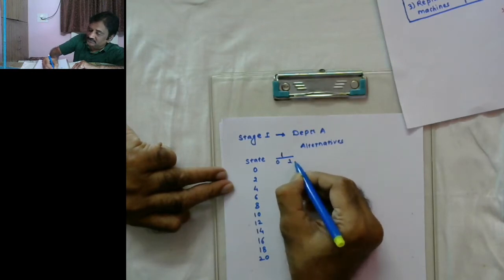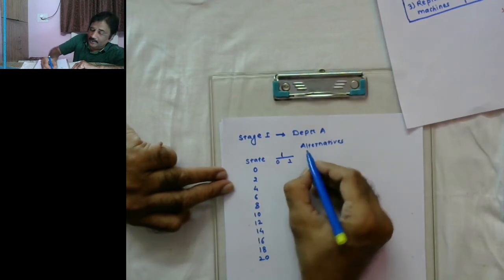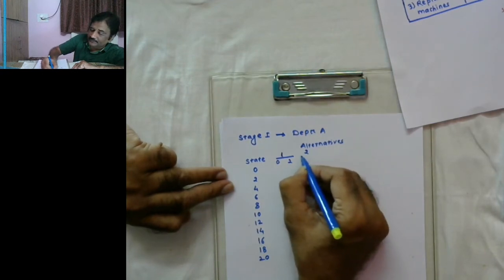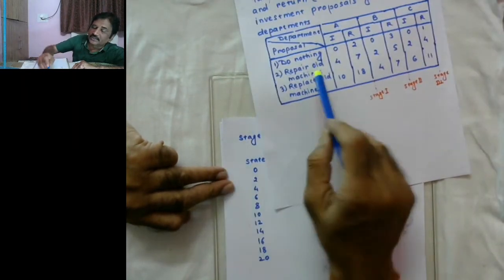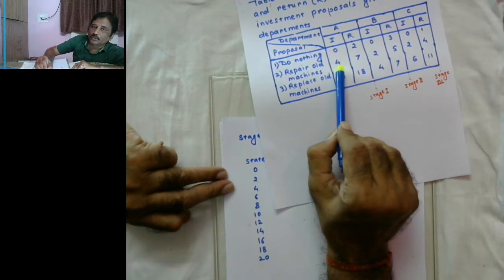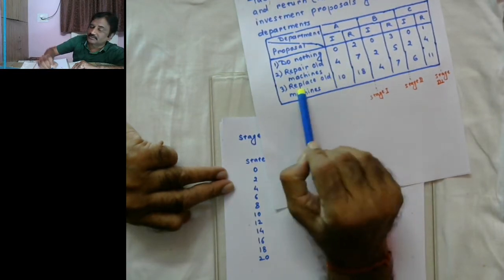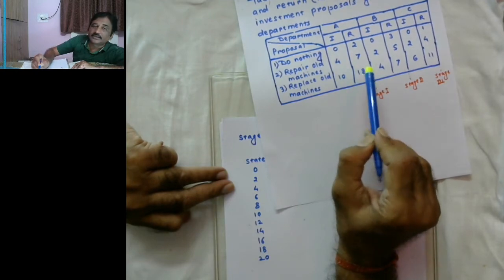I am just considering the alternatives for department A only. Then the second alternative requires an investment of 4 crore rupees and a return of 7, and the third alternative requires an investment of 10 crore and a return of 18 crore.